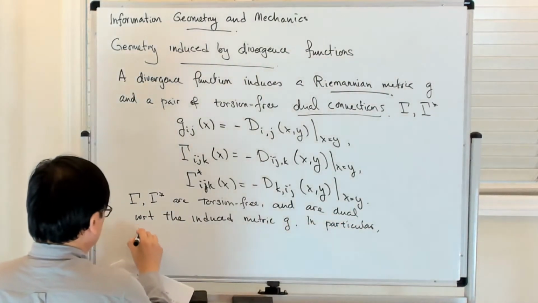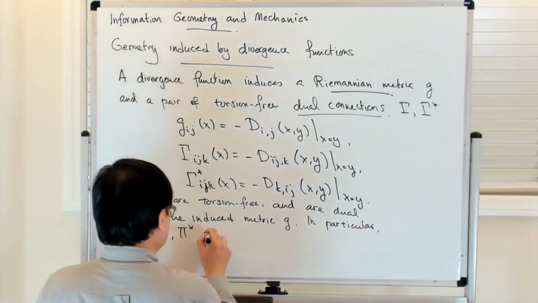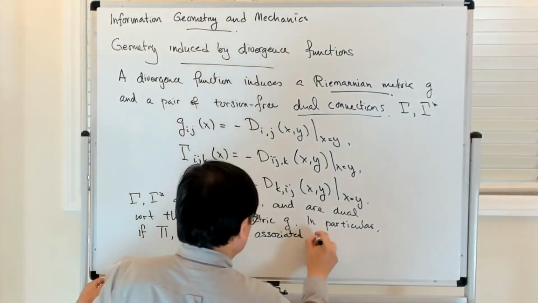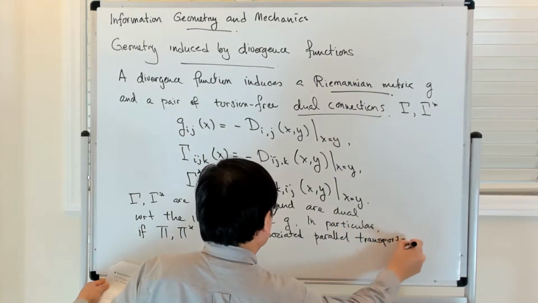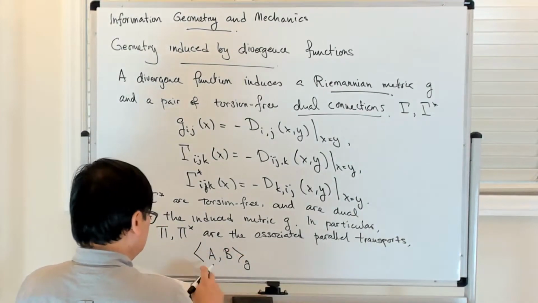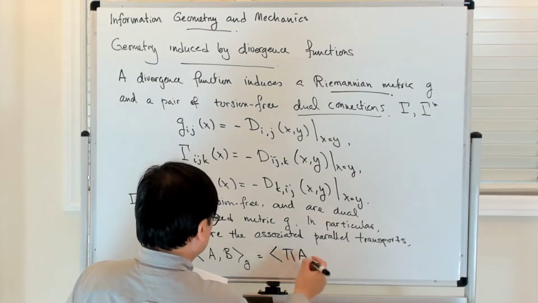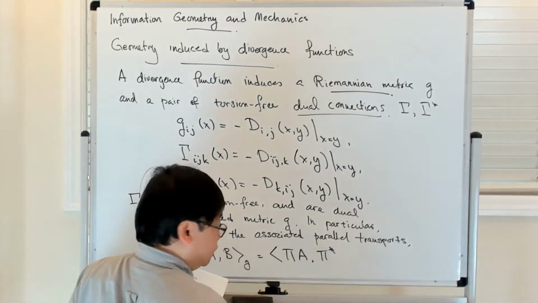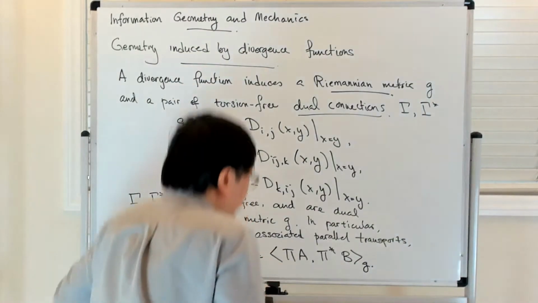If this pi and pi star are the associated parallel transports, then the inner product between two vectors is going to be equal to the parallel transport of the first vector with respect to the first connection and with respect to the dual connection for the second one. Right? So we had discussed this before.